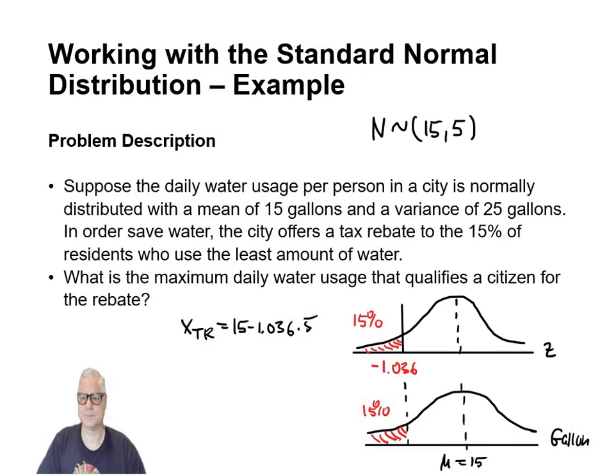So this critical value is 9.818. In other words, if at the end of the month somebody can report that they used only 9.818 gallons of water or less, then they get the tax rebate.